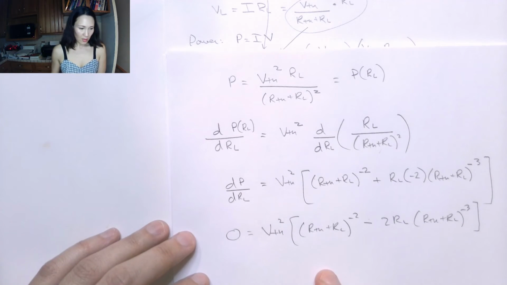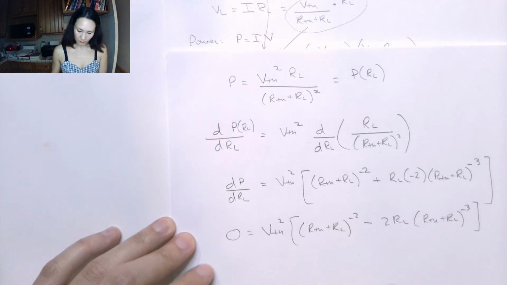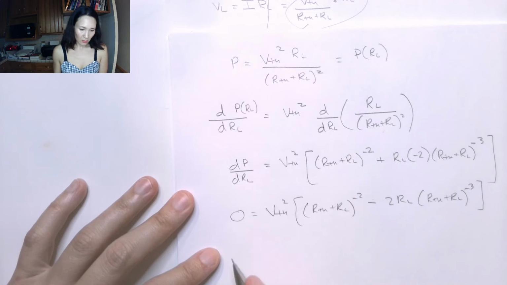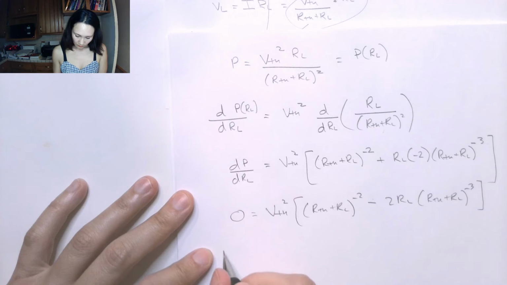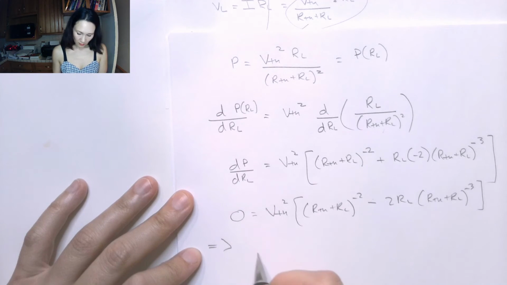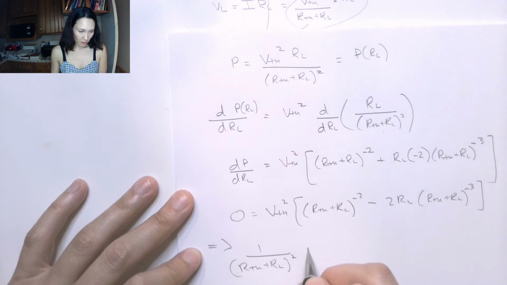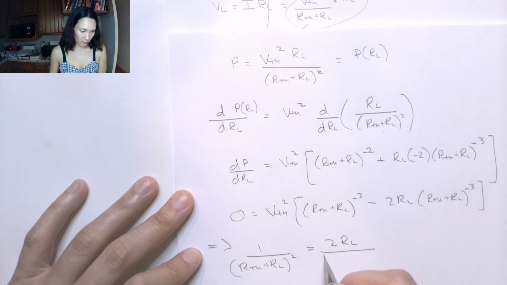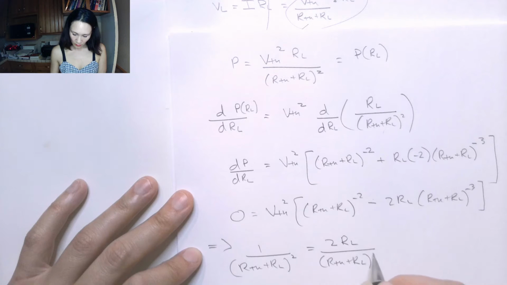And now if I bring one of these terms over to the other side, this gives me 1 over R Thevenin plus R load squared is equal to 2 R load divided by R Thevenin plus R load cubed.